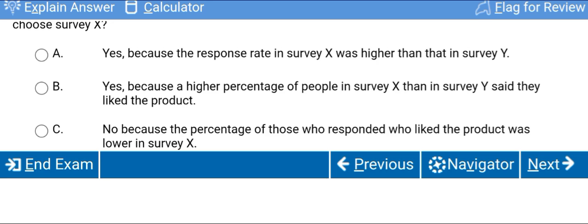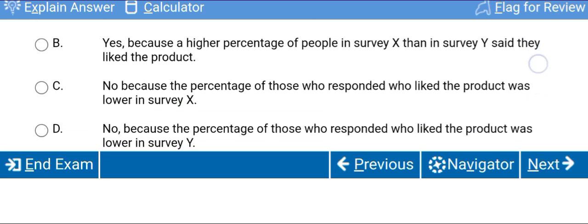Option C, no, because the percentage of those who responded who liked the product was lower in survey X. Option D, no, because the percentage of those who responded who liked the product was lower in survey Y.